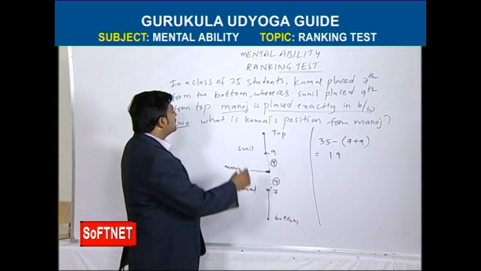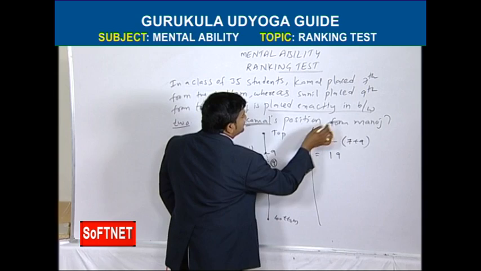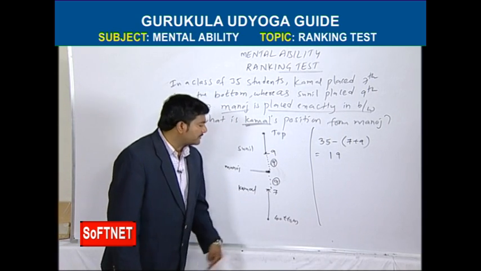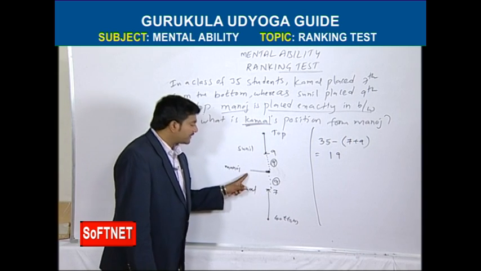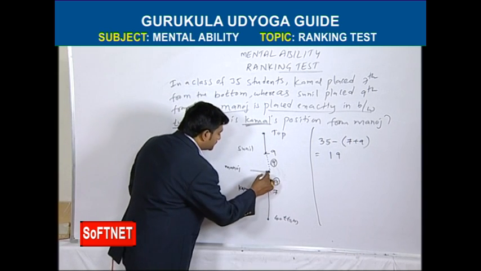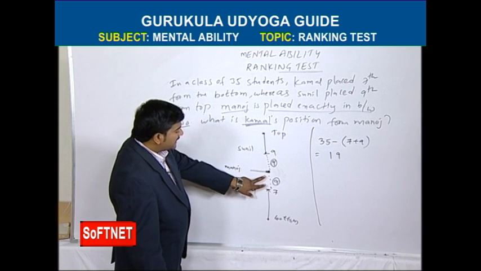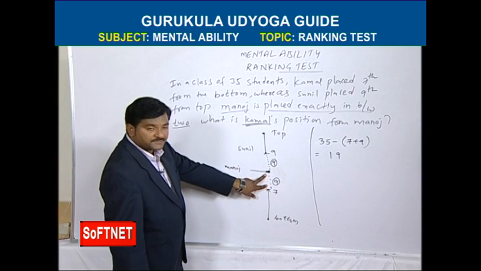But the question is, what is Kamal's position from Manoj? We have to find out Kamal's position from Manoj. Think that Manoj's position is 1. In between Kamal and Manoj, how many are there? 9 students are there.